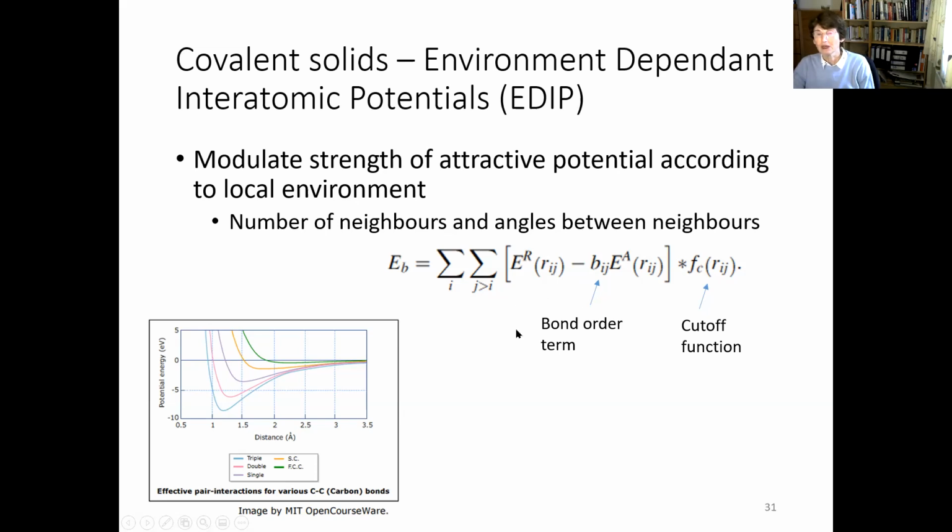And I'll talk about that in more detail in a moment. But the other thing is, it is all multiplied by a cutoff function. The cutoff function is important because you only want the neighbors to interact if they're covalently bonded. So something too far away shouldn't be interacting. You want to use the cutoff function to choose the atoms in your material that are bonded together.